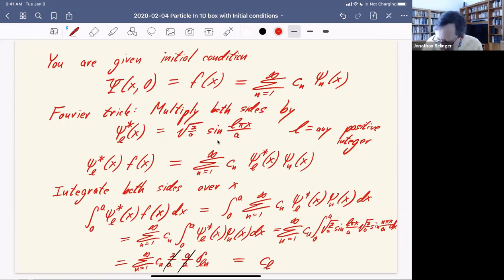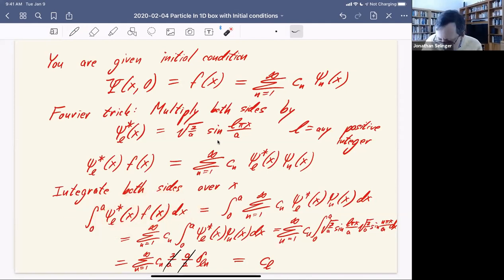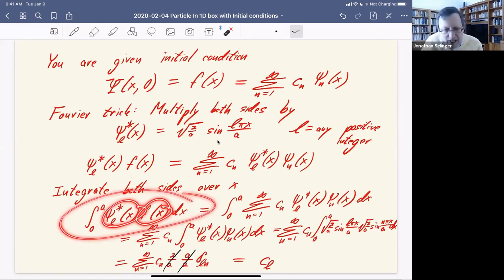So look what we have here now. We have an equation where Cl is something. So this is an equation which tells us what the coefficients are. It tells us how you can find each coefficient. If you want to know C1, you take f of x times psi 1 star and integrate it. If you want to know C2, you take f of x times psi 2 star and integrate it.